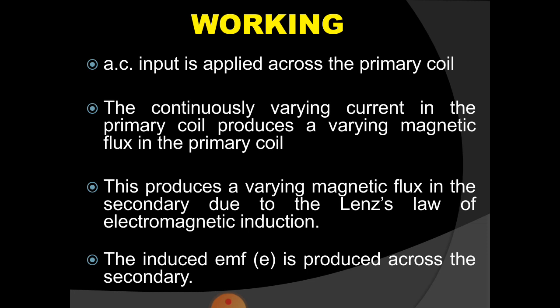The secondary coil is tightly wound over the core, so there is tight coupling of flux lines with the secondary coil. As the flux associated with the coil is rapidly changing, according to Faraday's law of electromagnetic induction, an EMF is induced in the secondary coil.